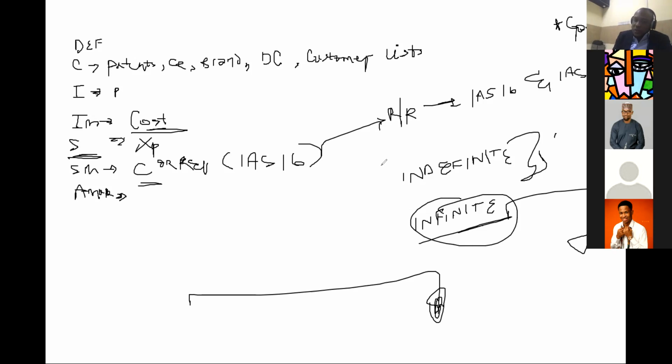Uncountable in nursery school is infinite. Indefinite is just so large that we can't count. If I bring something that is plenty, I don't know when it will end, and it doesn't mean that it might end in 5 years. I just don't know when it will end. That's indefinite.